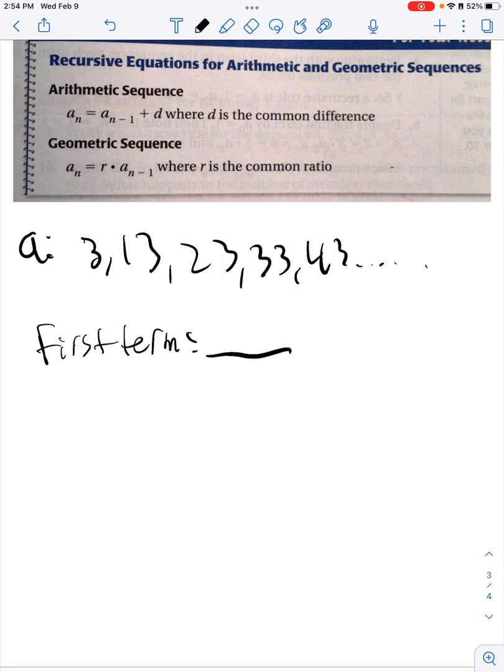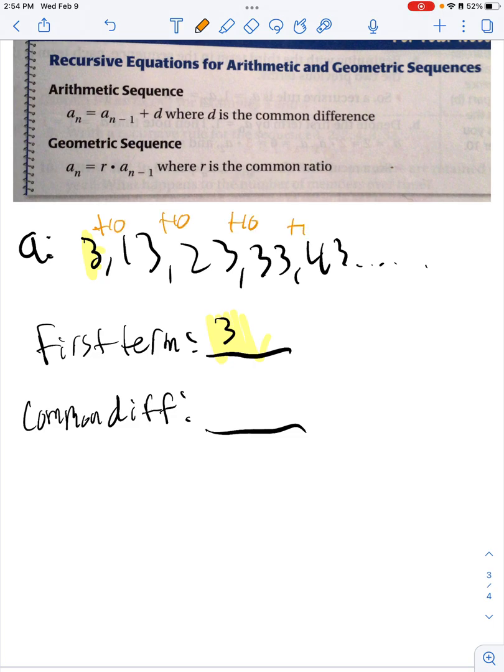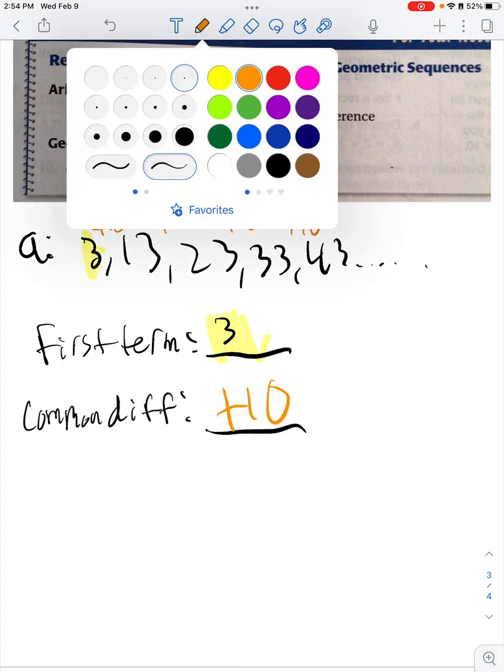And then I have to figure out what's happening, or what my common difference is. I can tell that my first term is 3, so I'm going to plug that in here. And my common difference: plus 10, plus 10, plus 10, plus 10. So it's adding 10.